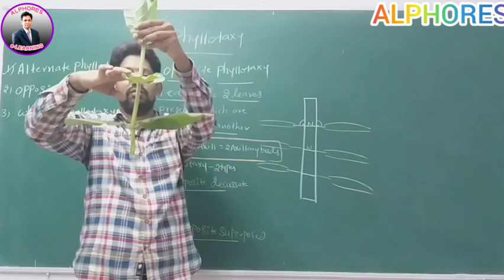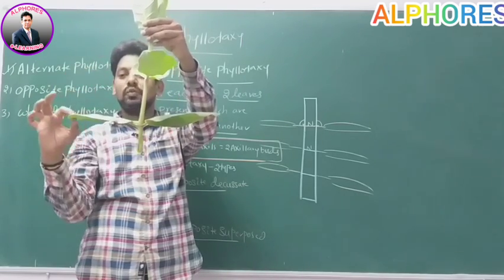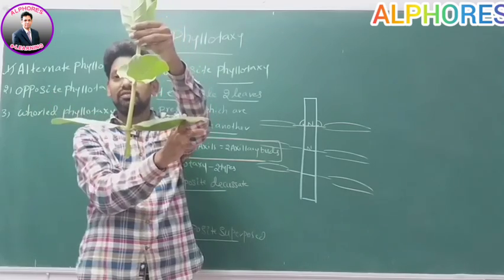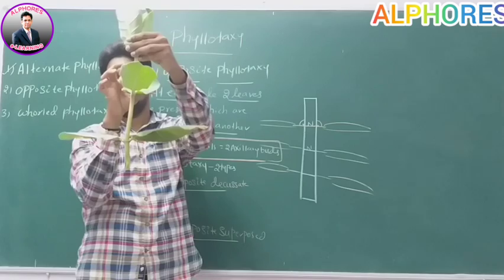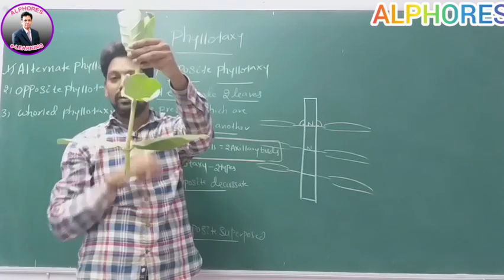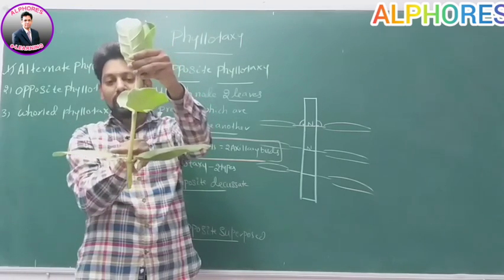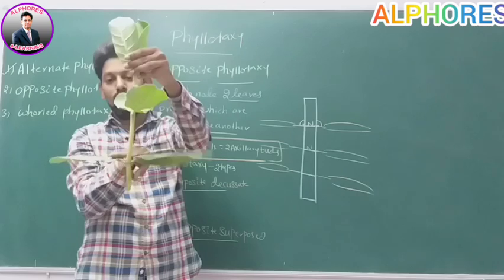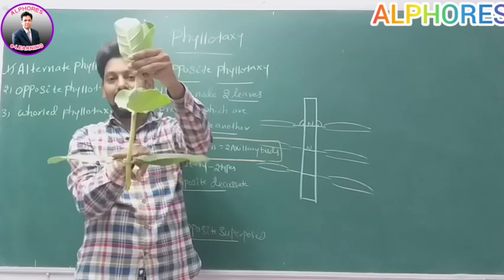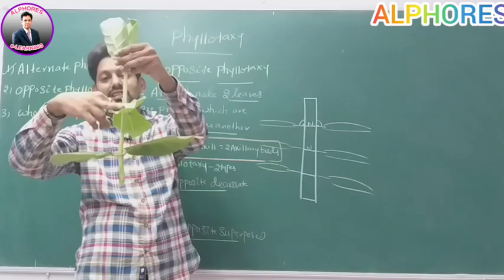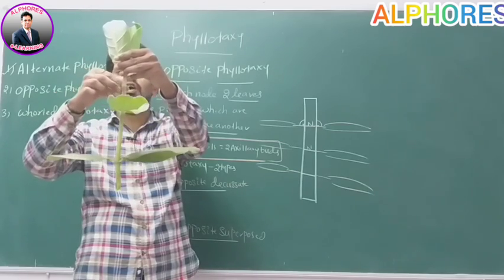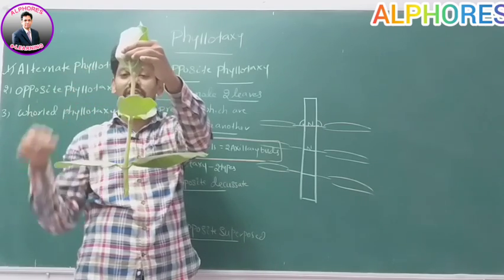This is towards right, this is towards left, this is towards front, this is towards back. Yes or no? Therefore, 2 leaves present at one node are at right angle to 2 leaves present at another node. This is called opposite decussate.